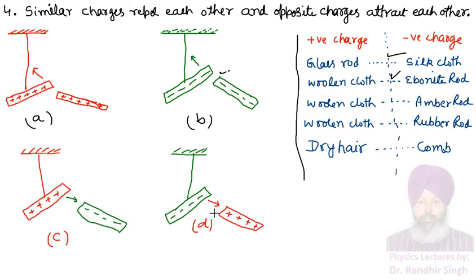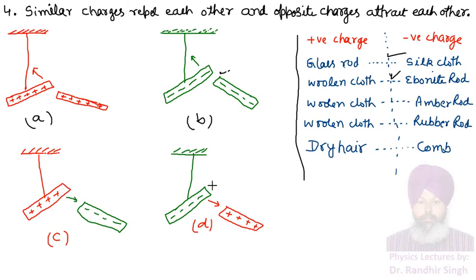Now I have shown two other diagrams, C and D. In figure C, you can see a glass rod is suspended, but we are now bringing an ebonite rod close to the free end of the glass rod. It can be seen very easily by doing this experiment at your home that the free end of the glass rod will be deflected toward the ebonite rod.